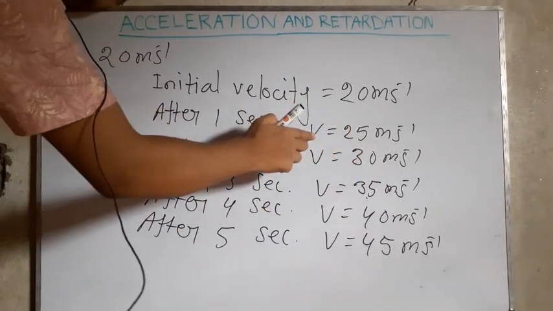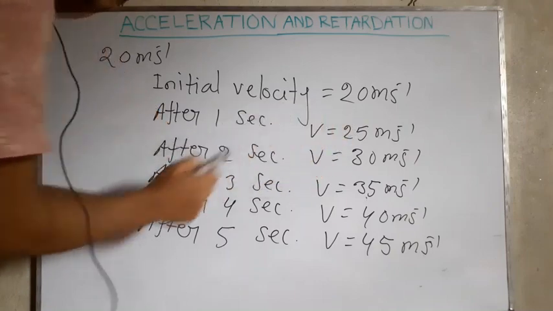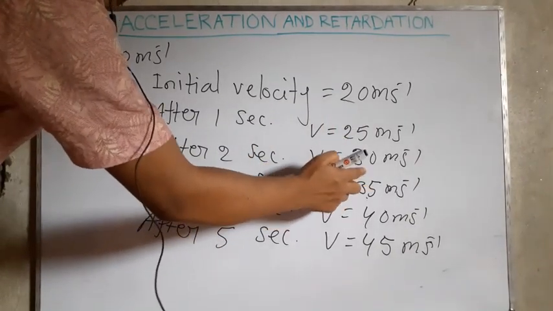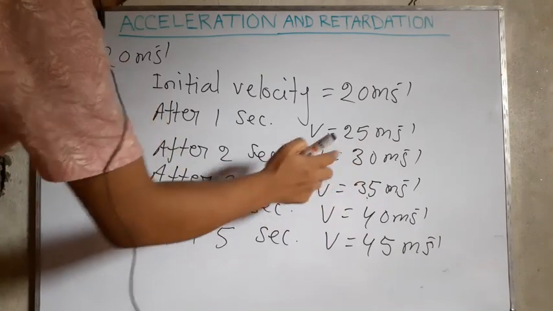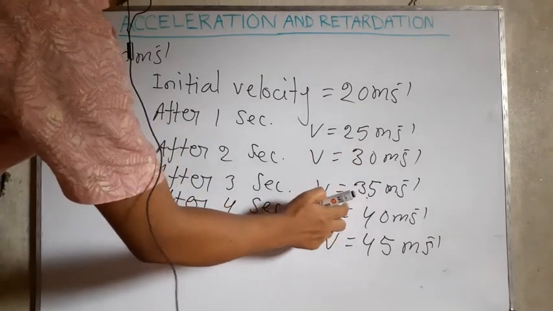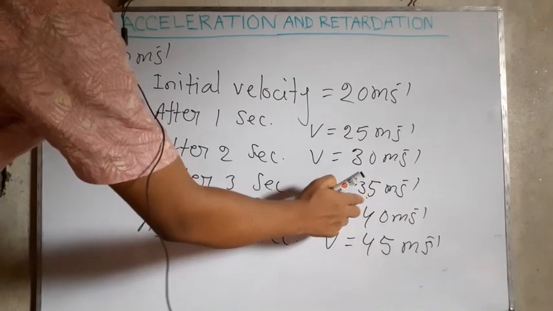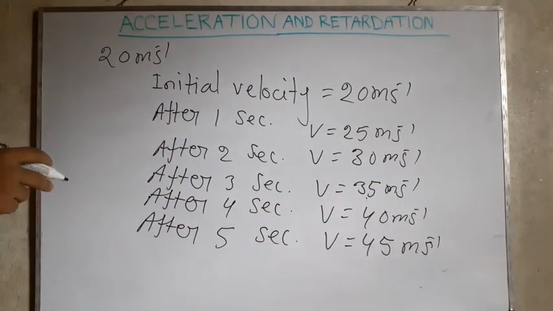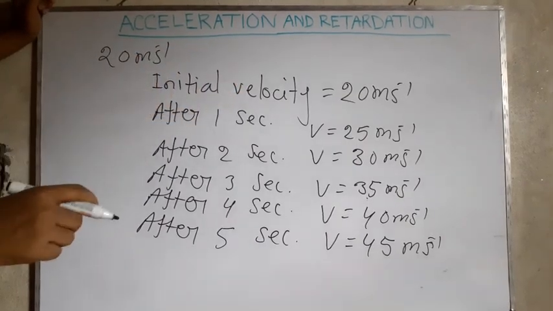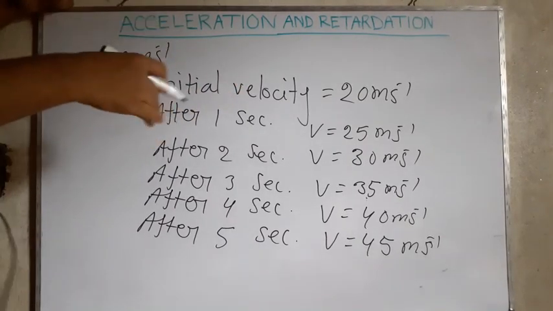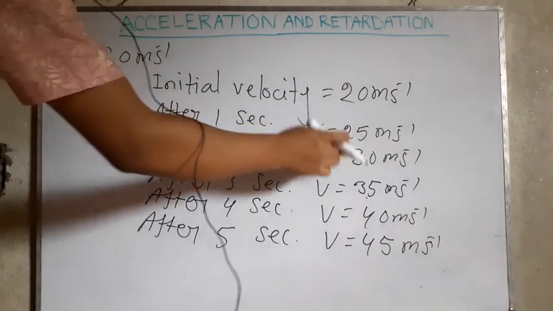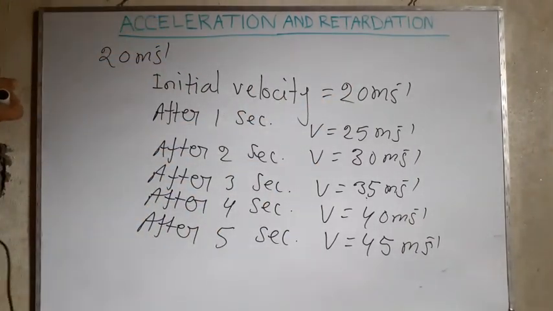Then change in velocity in 1 second is 30 minus 25, 5 meter per second. Here also change in velocity in 1 second is 35 minus 30, 5 meter per second. Here change in velocity in 1 second is 40 minus 35, 5 meter per second. That is, in every second the velocity of the motorcycle is increasing by 5 meter per second.